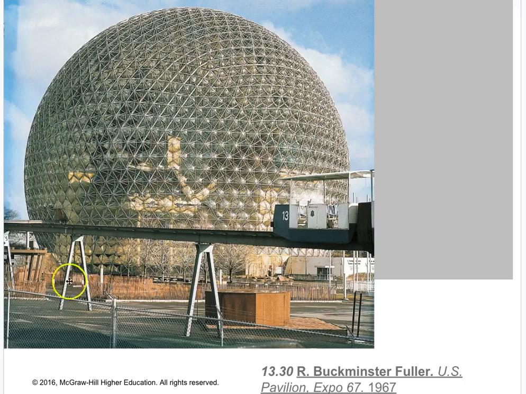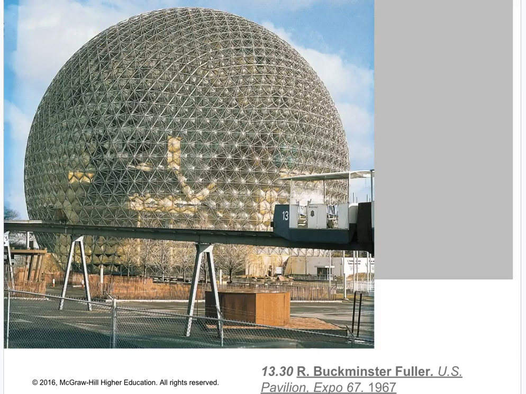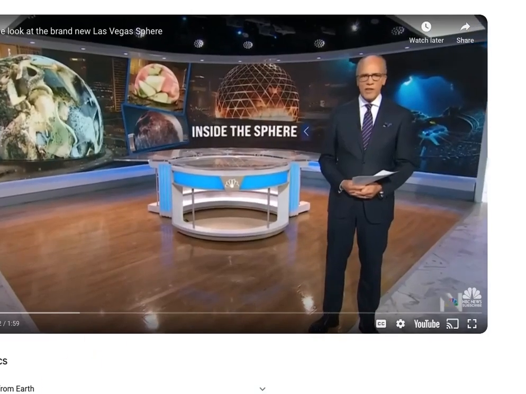So the light comes in like that. I just thought of, there's also, I think, a geodesic dome in Las Vegas, like a really new, amazing thing. I might see if I can find an image of that really quick. I'll just show you this little clip of this dome that's in Las Vegas.